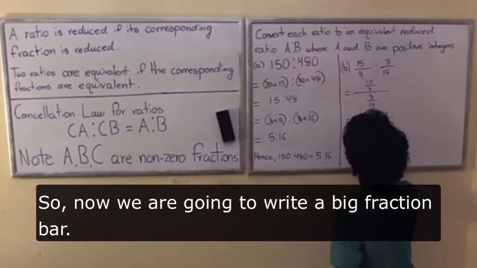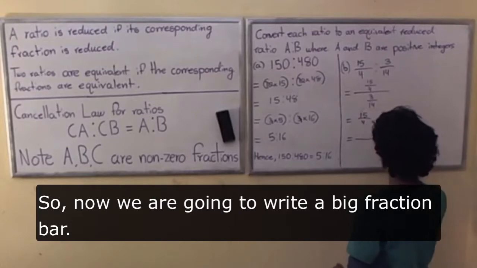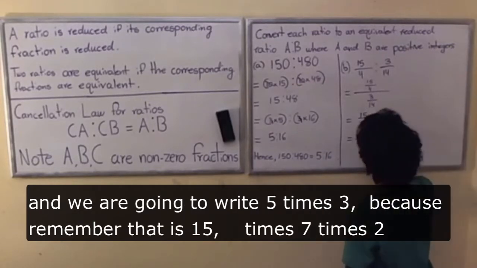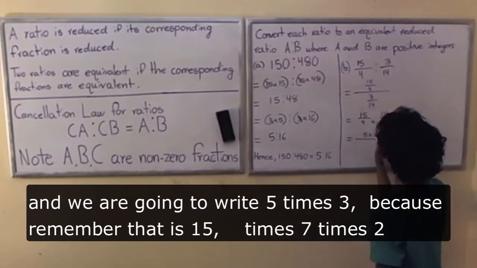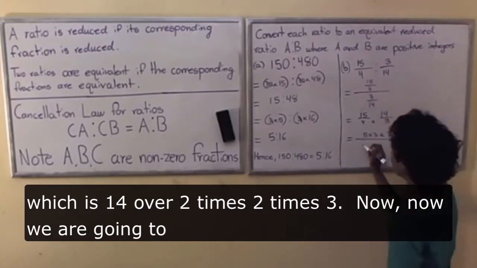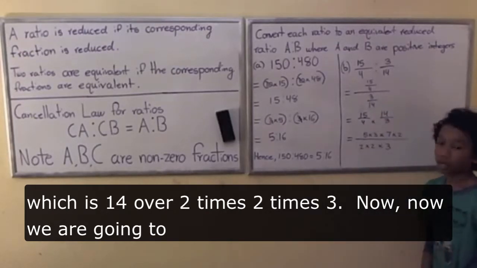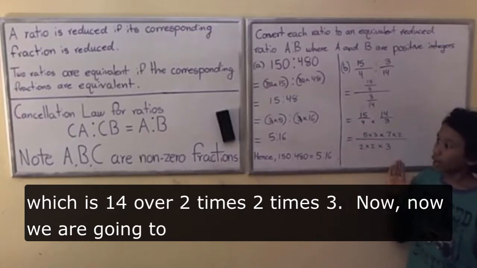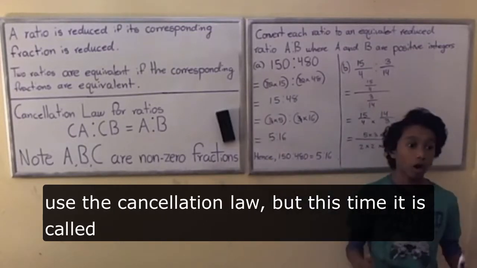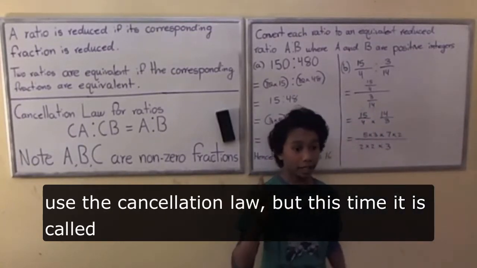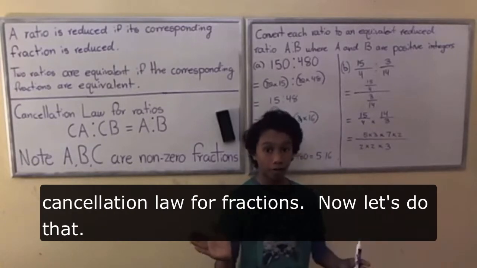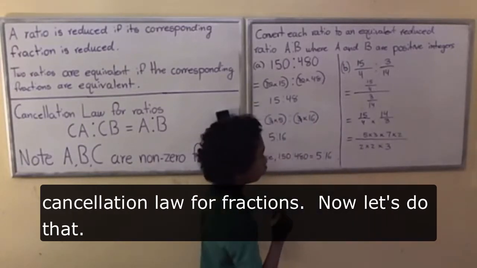All right, so now we're going to draw a big fraction bar, and we're going to write 5 times 3, because remember that's 15, times 7 times 2, which is 14, over 2 times 2 times 3. Now we're going to use the cancellation law, but this time it's called the cancellation law for fractions. Now, let's do that.